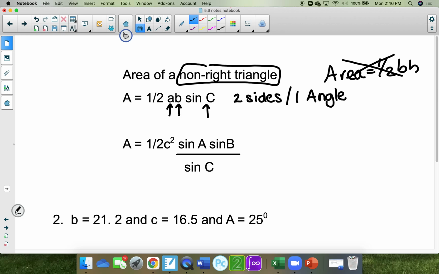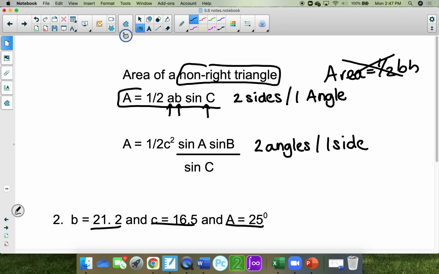If you're given two angles and one side, you would use this formula, and these formulas are on that formula sheet that I was talking about. So they gave us two sides and the angle. We're going to use this one.